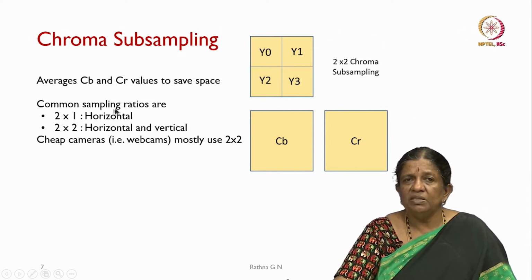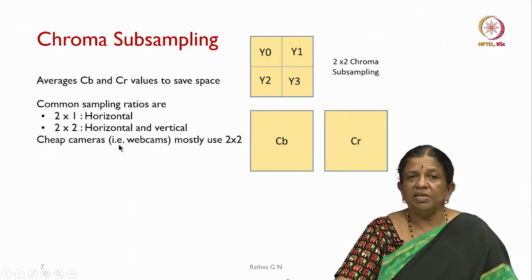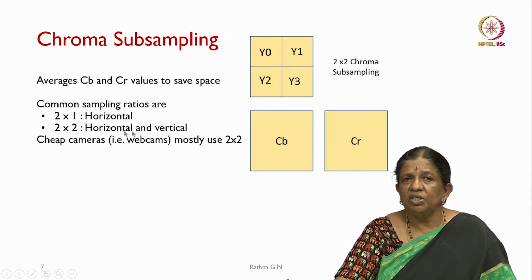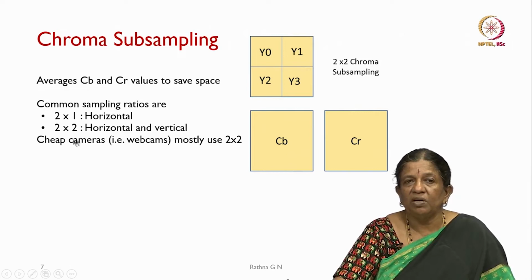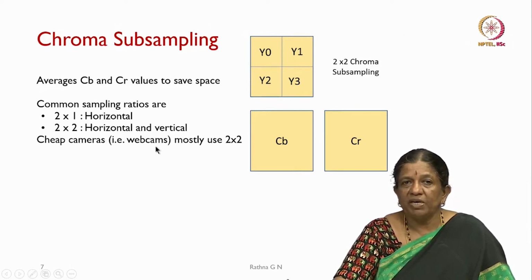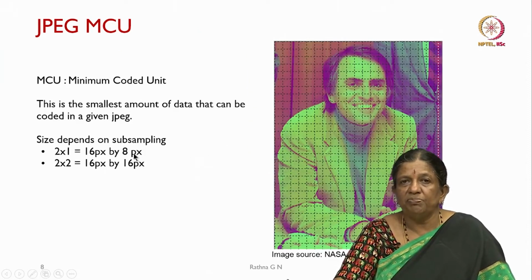Common sampling ratios are 2 by 1 in the horizontal, or 2 by 2 in both horizontal and vertical. Cheap cameras, that is webcams, mostly use this 2 by 2 standard subsampling. So, these are the Cb and Cr; you will be subsampling to either 2 by 1 or 2 by 2. As it says, webcams convert it into 2 by 2 for cheap cameras.